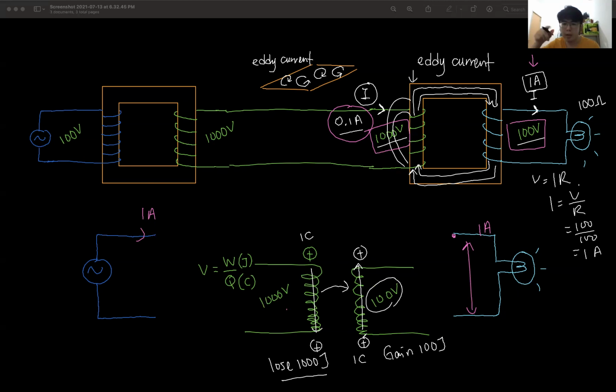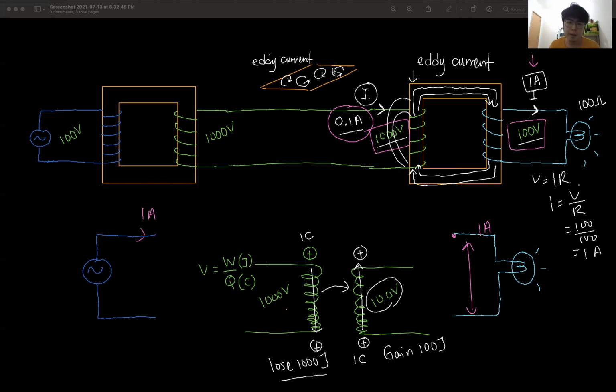It says, okay, you're giving me 1000, but I'm only going to get 100. Maybe later I come back and get it again. I come multiple times. So this coulomb takes 100 joule and comes back, takes another 100, takes another 100. It needs to take 10 rounds to get 1000.